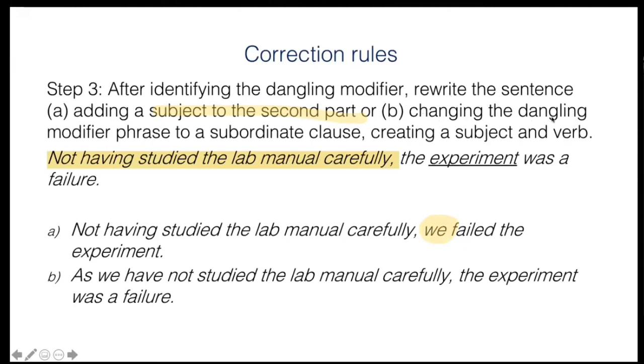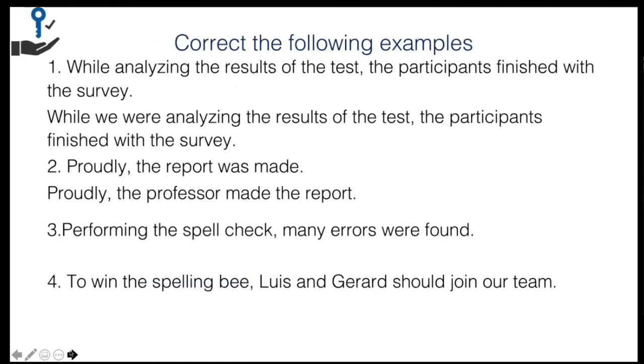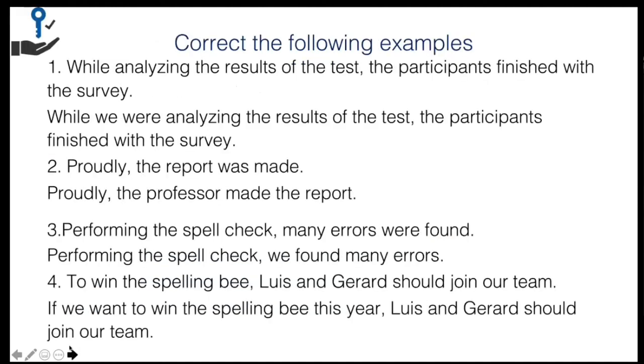You change the dangling modifier into a subordinate clause. These 2 strategies are usually the most common strategies of correction. So I'm asking you, which strategy was used in these examples?